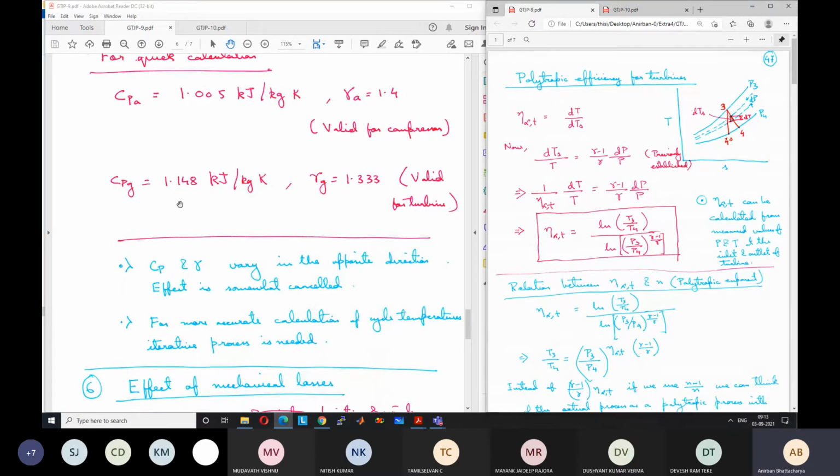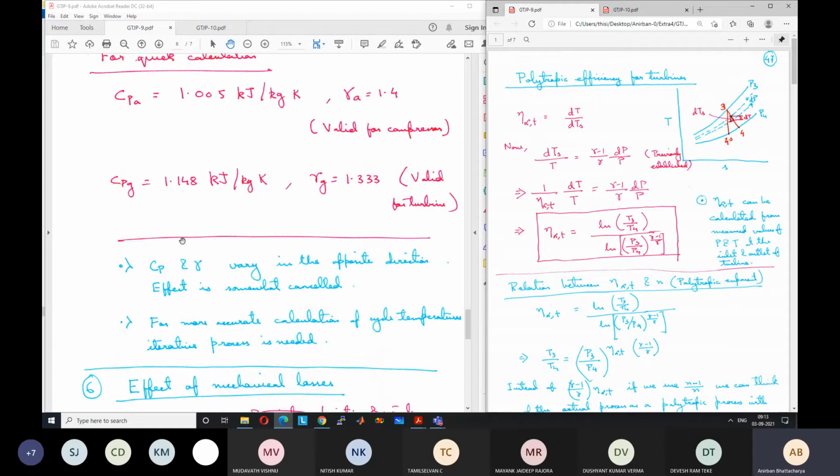But when we go for real cycle calculations, if we take these approximations, it will be much more accurate. For even better accuracy, we need to write programs where, say, you start with a certain composition and temperature and use a particular value of Cp. Then we find the temperature rise that occurs based on that value of Cp and gamma.